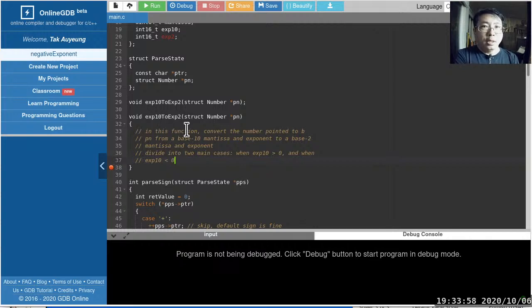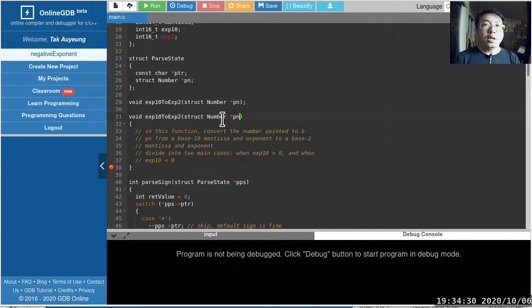Basically we start with a non-zero exponent of 10, and we'll do whatever change we need with the mantissa and the exponent of 2 in order to get rid of the exponent of 10, or turning the exponent of 10 to 0. And the parameter to this particular function is pn, which is a pointer to a struct number.